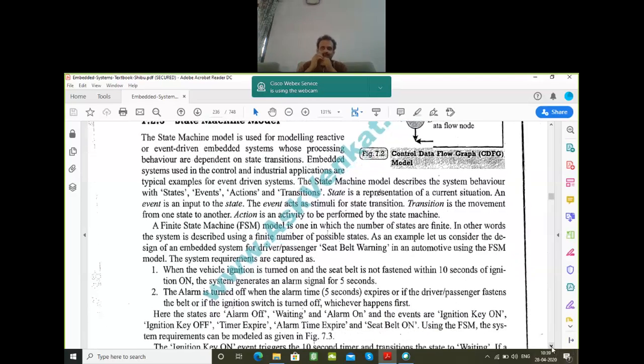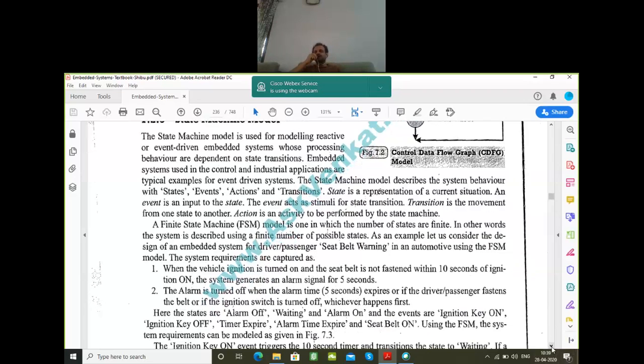In automotive or automobiles, you have seat belt warning systems in your cars. If you are not wearing the seat belt, it will give a warning. So this seat belt warning system in automobiles can be classified under the state machine model. What are the system requirements?